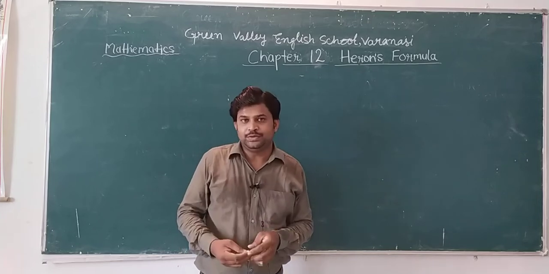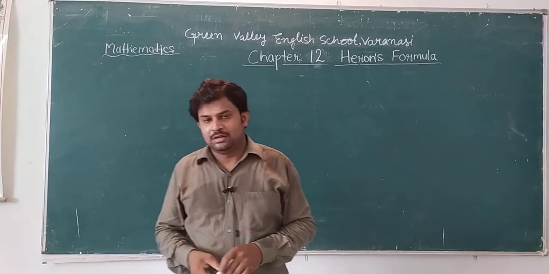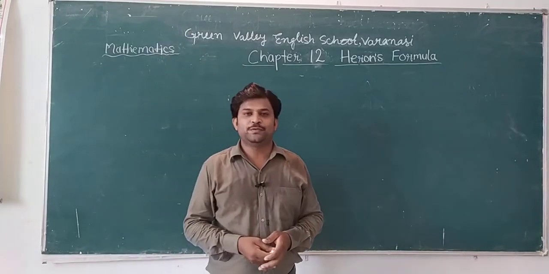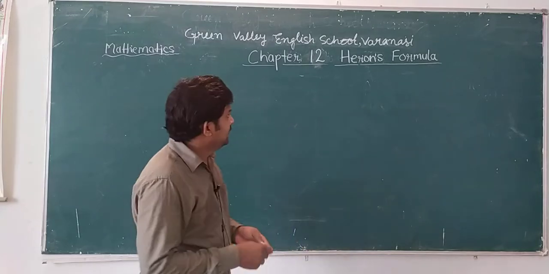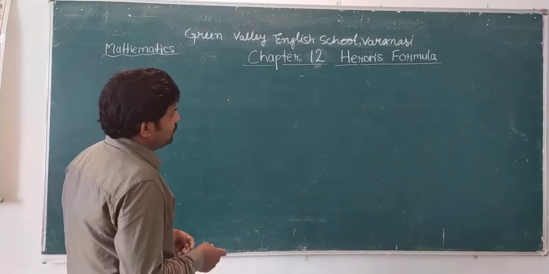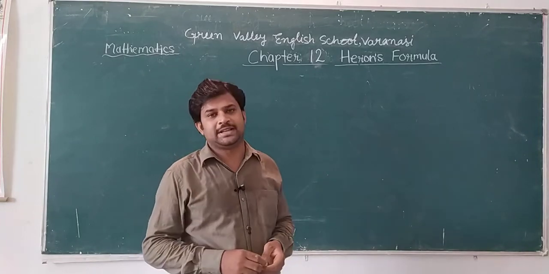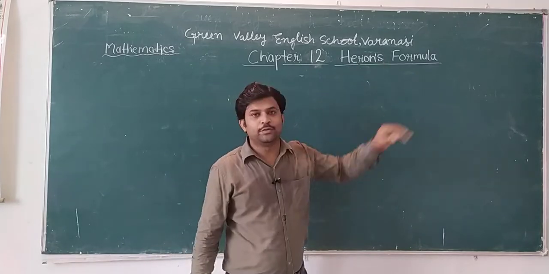Heron was a great mathematician, and Heron derived the famous formula for the area of a triangle. Normally in a scalene triangle, when the height is unknown to us, then we apply Heron's formula.